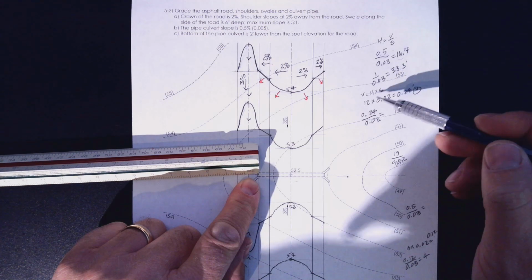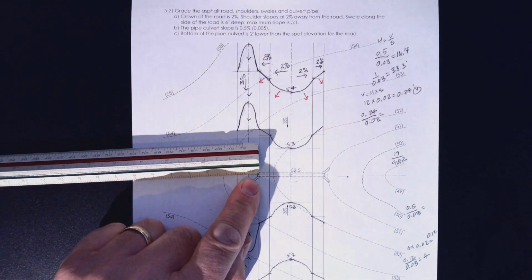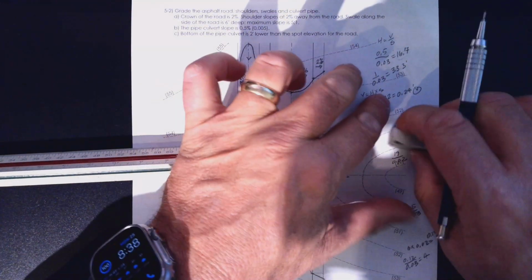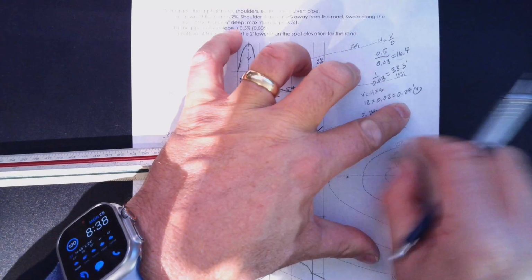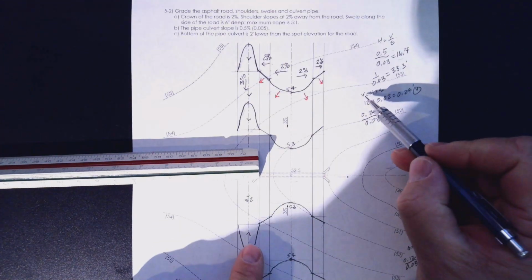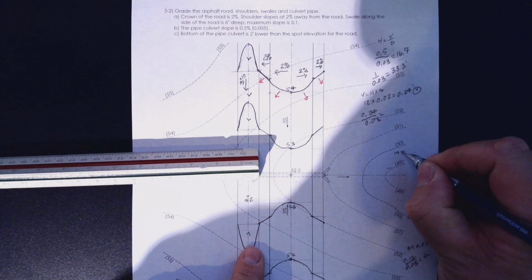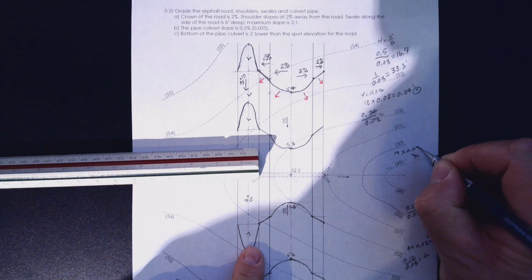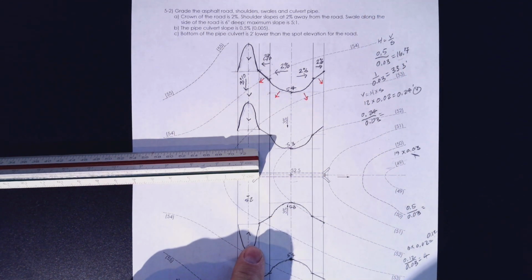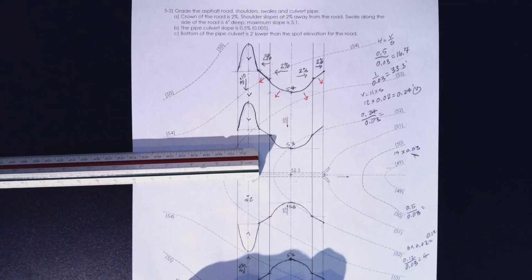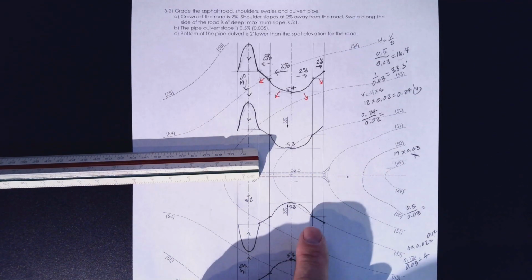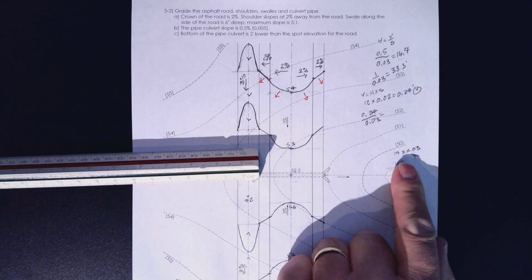So, oops, sorry, that should be horizontal times slope, because we're trying to find vertical, not divided by. So 19, we're doing vertical, times 0.03. 19 times 0.03 equals 0.57. Is that right? We'll check, move my solar calculator to the light.